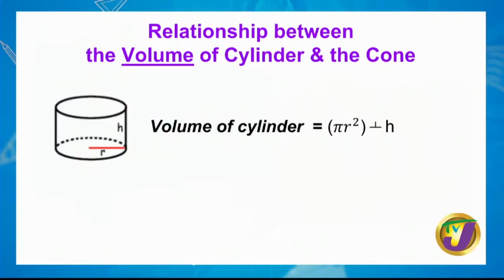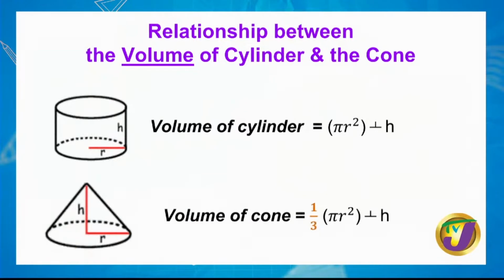We can multiply pi by r squared, where r is the radius, multiplied by the perpendicular height, to find the volume of a cylinder. So if 3 cones of the same perpendicular height and base make 1 cylinder, then I'm thinking that we can use 1/3 of the volume of the cylinder to determine the volume of the cone.